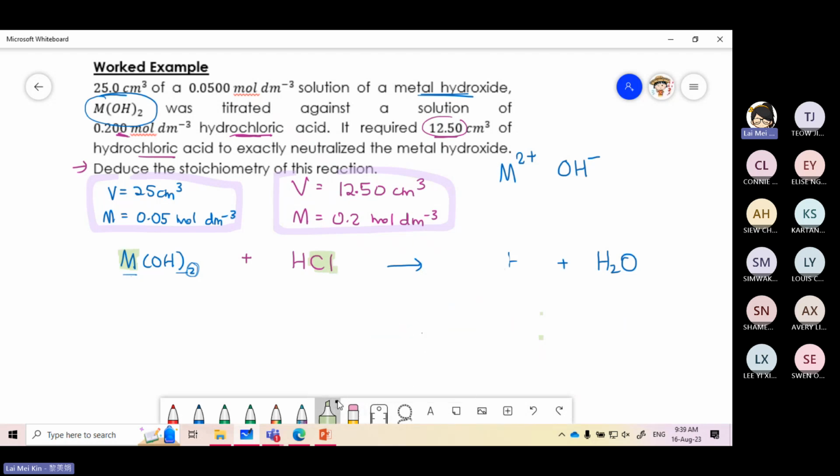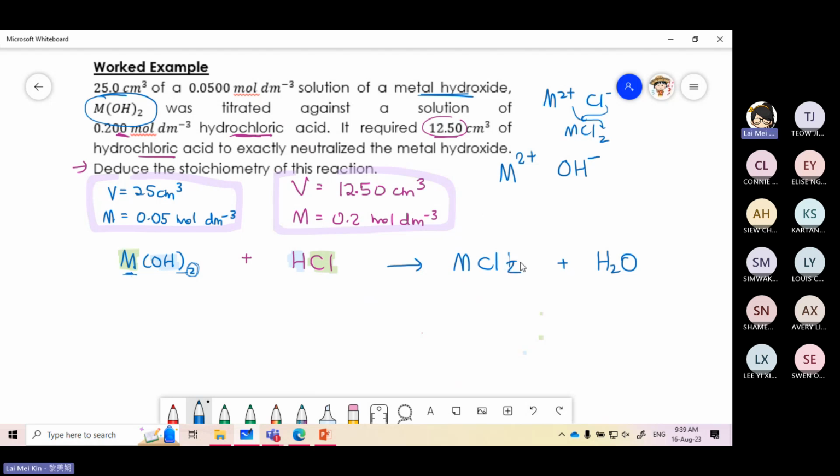The water that's being formed will be H and OH: the H from the acid, the OH from the alkali. So the metal hydroxide will be here, M2+, and then you take over the chlorine. Chlorine is minus. So when you cross charge, you will have MCl2.